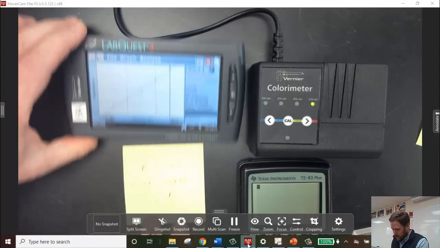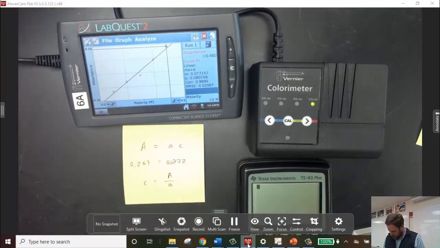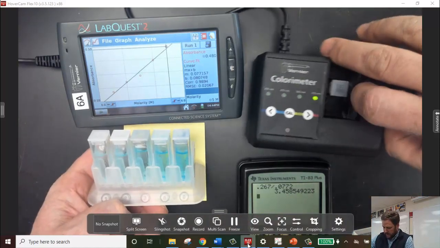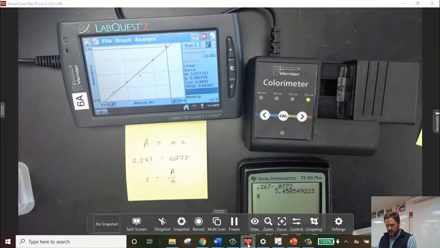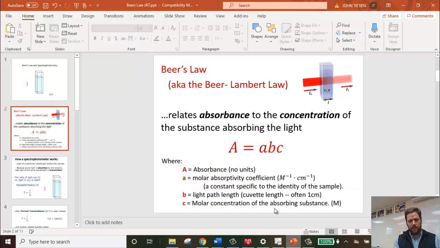Now, absorbance divided by slope in this case would be 0.267 divided by 0.0772, which is 3.45. It looks like I was right. This sample was somewhere in between 3 molar and 4 molar in concentration. That's how Beer's law allows us to use a spectrophotometer to measure absorbance and calculate concentration.